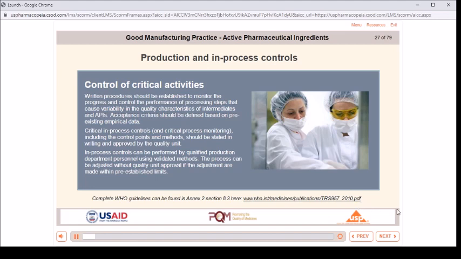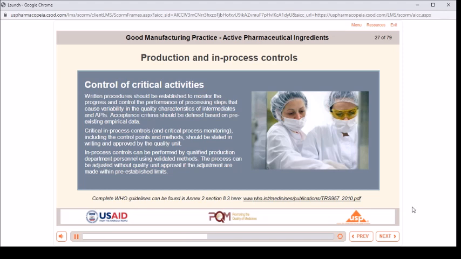Production and in-process controls. Control of critical activities. Written procedures should be established to monitor the progress and control the performance of processing steps that cause variability in the quality characteristics of intermediates and APIs. Acceptance criteria should be defined based on pre-existing empirical data.